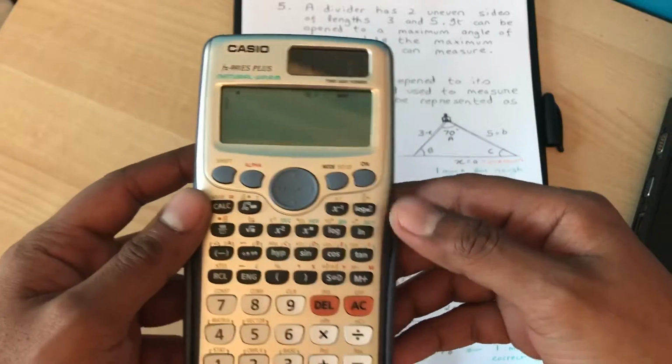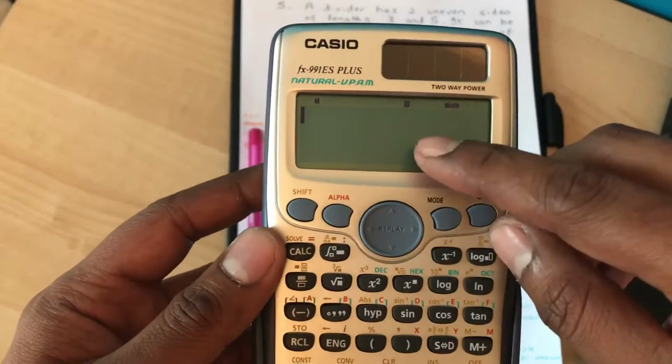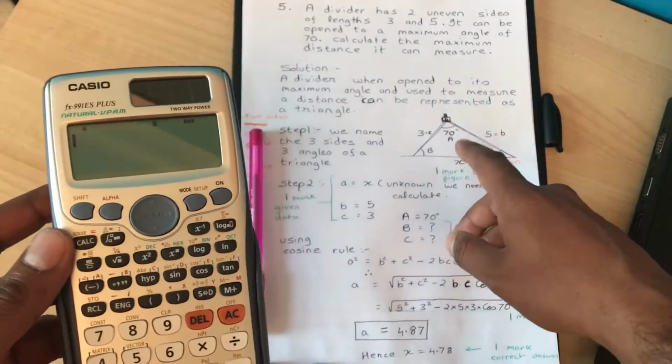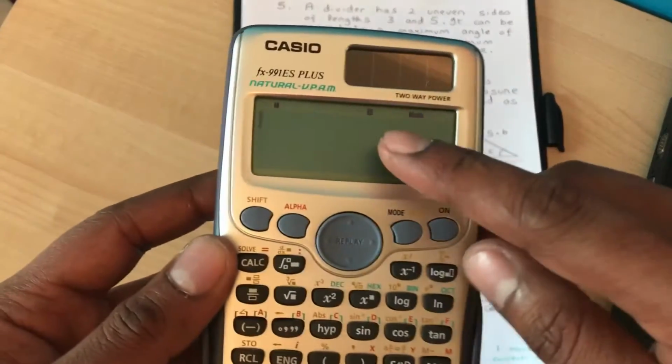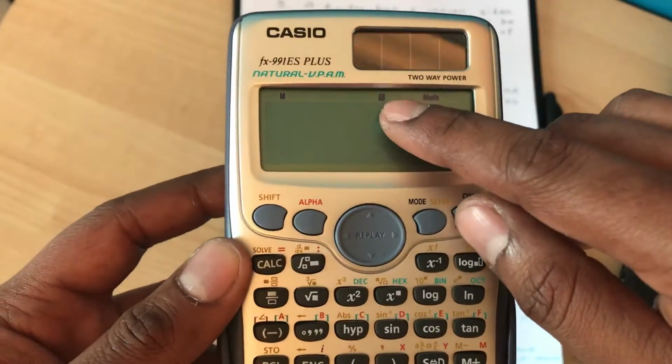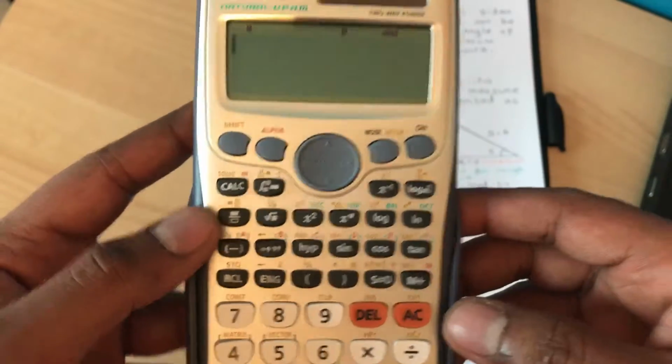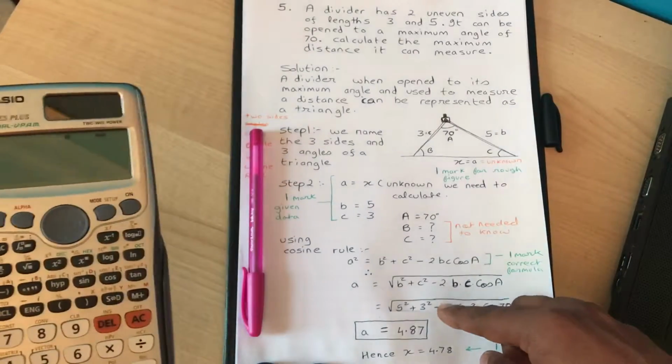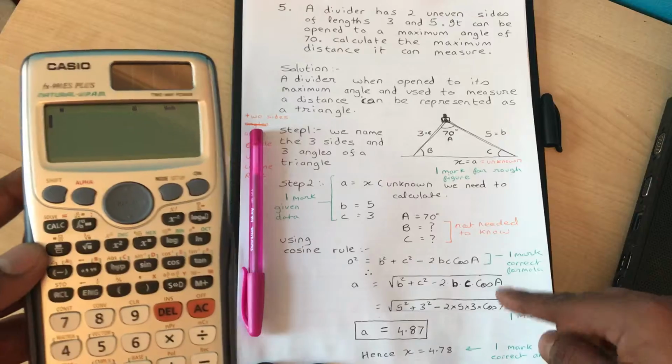Let me turn it on first. Whenever you're solving trigonometric problems, if your angles are given in degrees, always make sure that your calculator is in degree mode. Now I'm going to type this expression exactly as it is in my calculator.